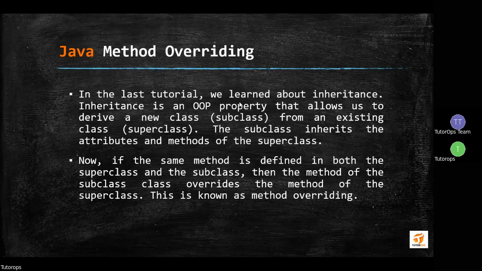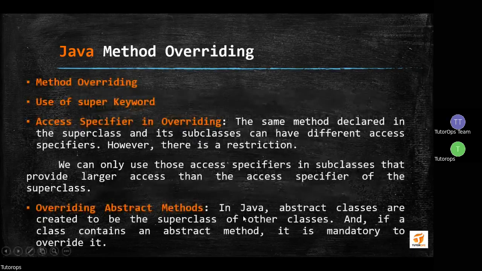Now, if the same method is defined in both the superclass and the subclass, then the method of the subclass overrides the method of the superclass. Okay, let's go to a practical example, then it will be more clear.